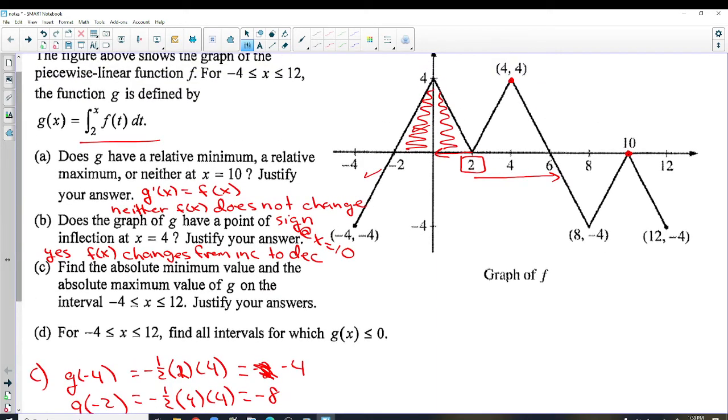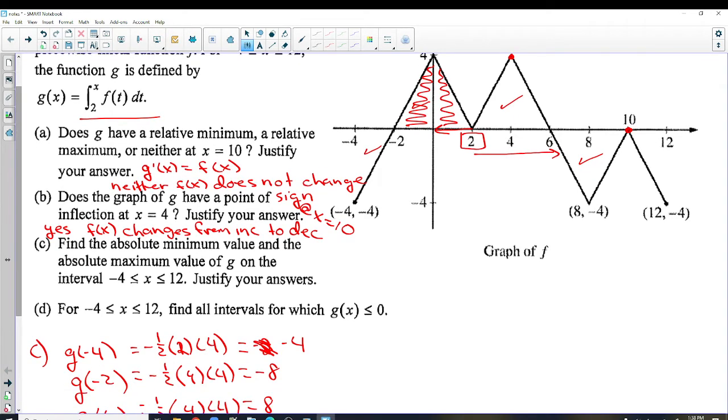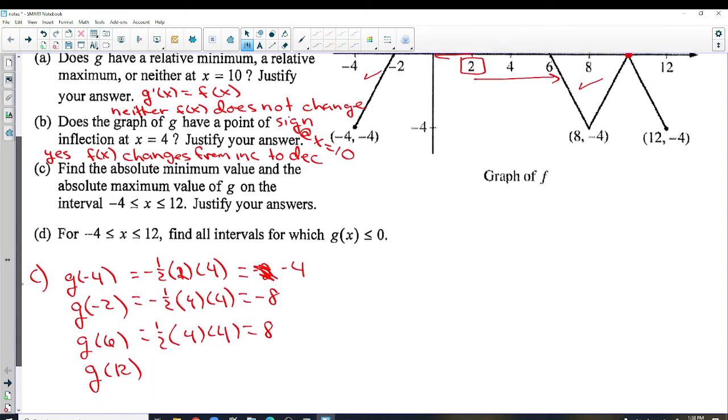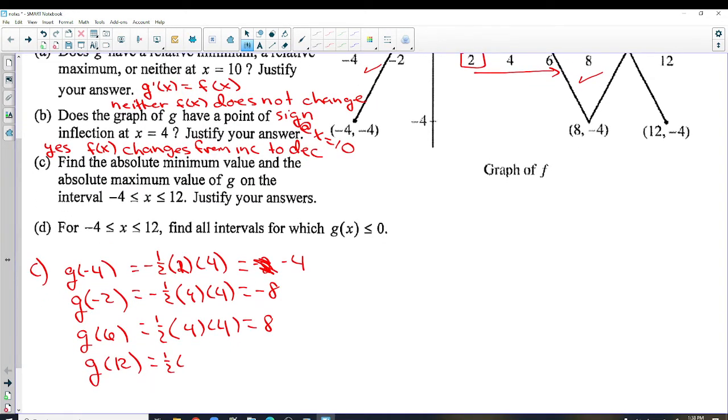And then finally all the way over to 12. Well, this area is going to cancel out that area, so I'm not going to worry about those areas. If I felt like they were different, then I would calculate them. So at the very end, 10 to 12 is 2. 1/2 times 2 times negative 4, because it's going down to negative 4. So this is also, let's see, negative 4.